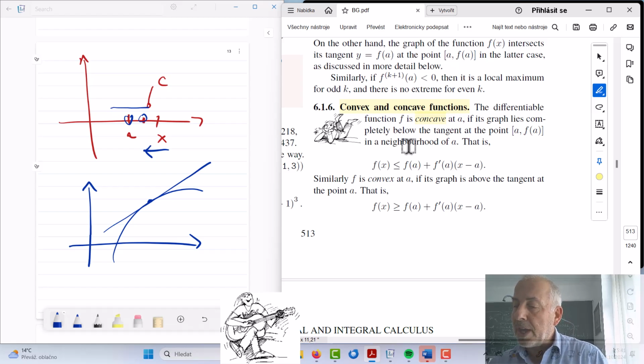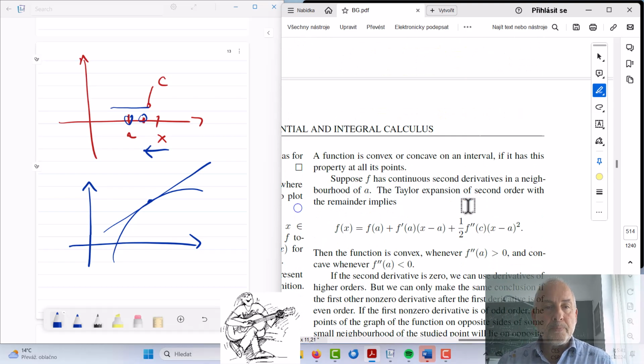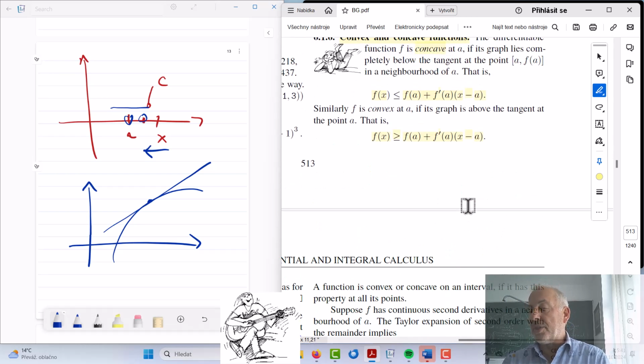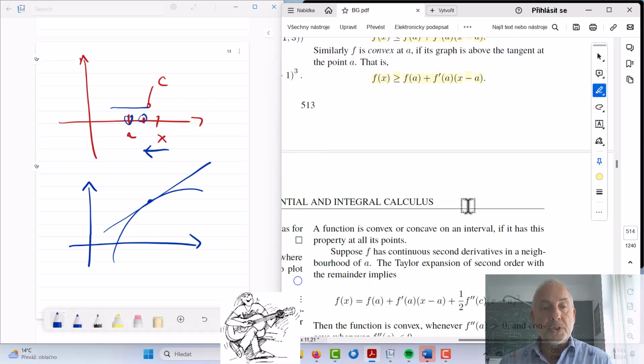So this is a concave function, and a convex function is the opposite case. If it's concave, it means that the value of the function is always smaller than the value of the linear approximation. So it's this one. And convex means that it will be just the other way around. And we say that it's convex or concave on an interval if it's true at all of the points.